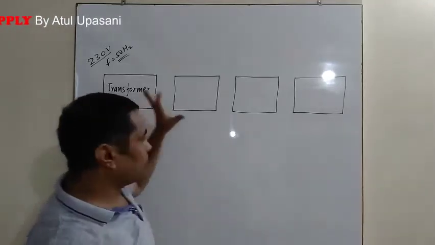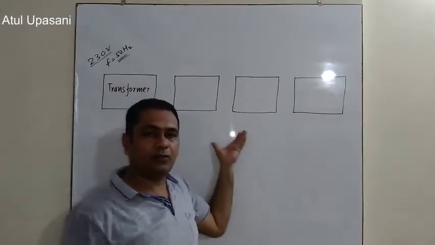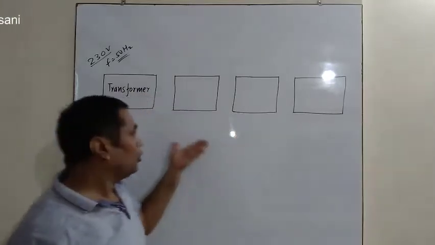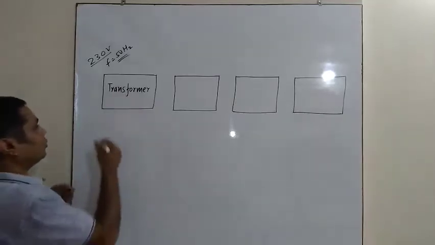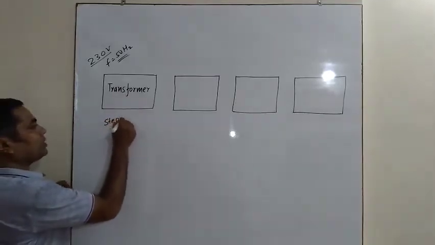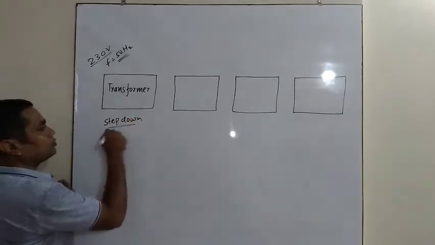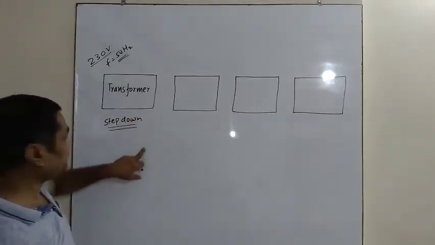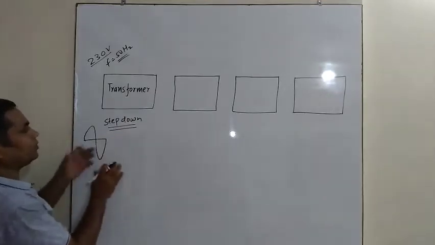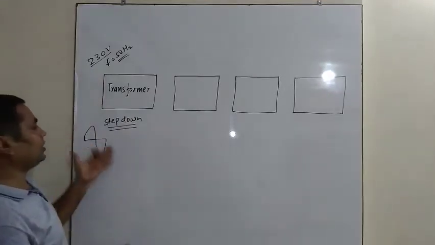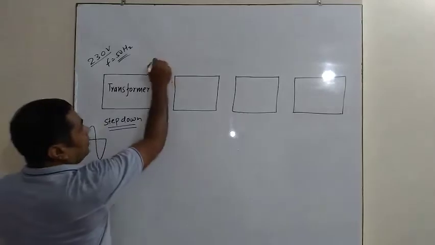If the voltage is to be reduced, we use the step down transformer. So in the power supply, the first basic element is the transformer. A step down transformer is used to lower the voltage. Only the amplitude of the 230 volt is reduced. Still it is AC.